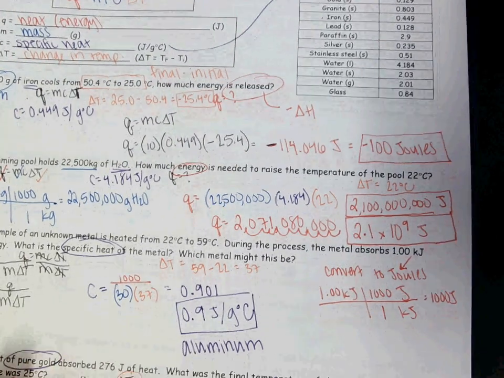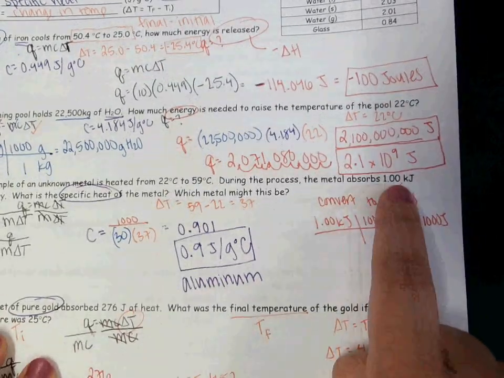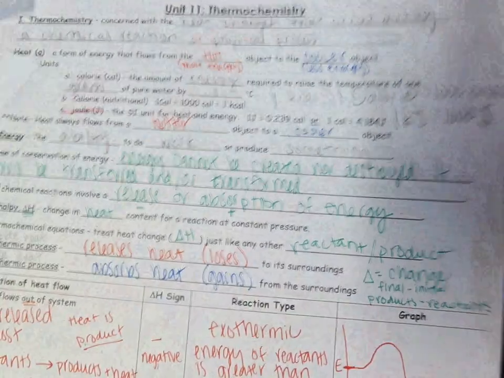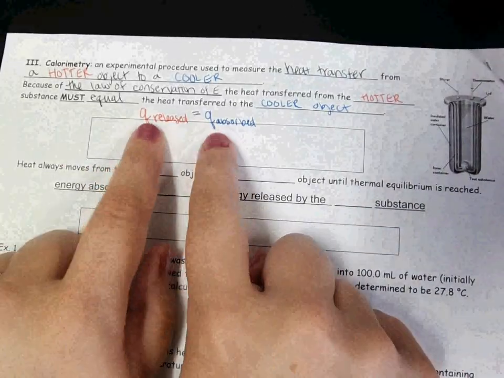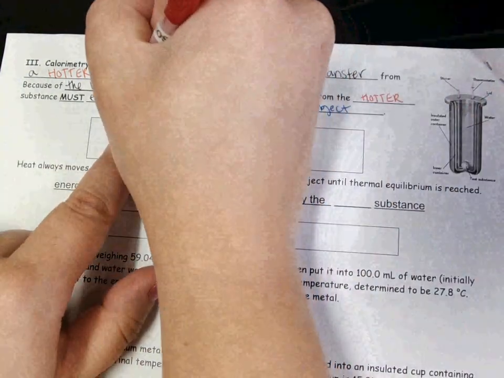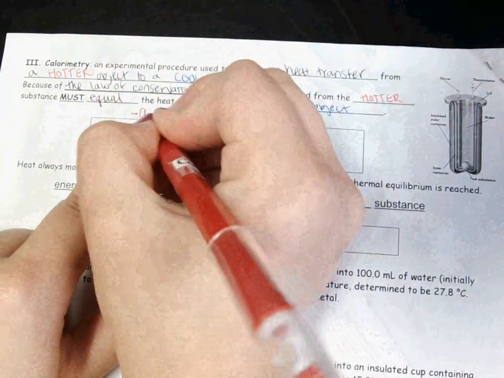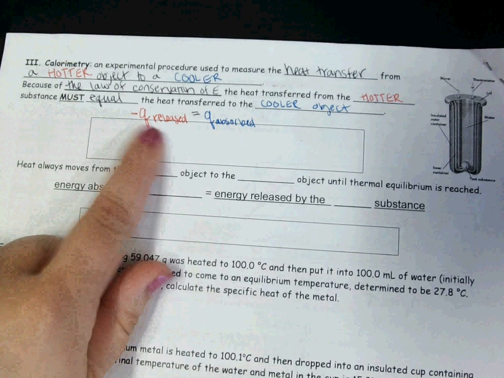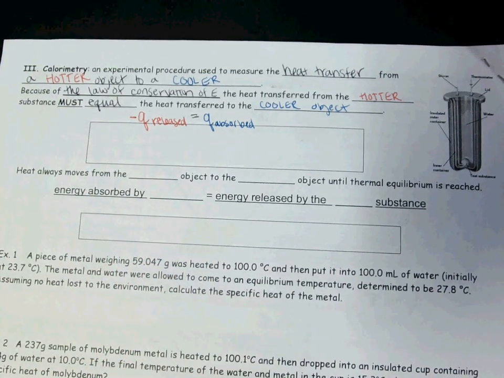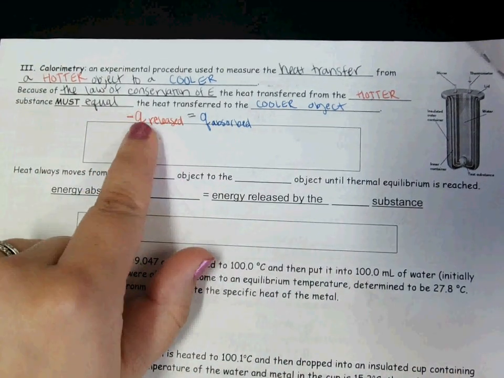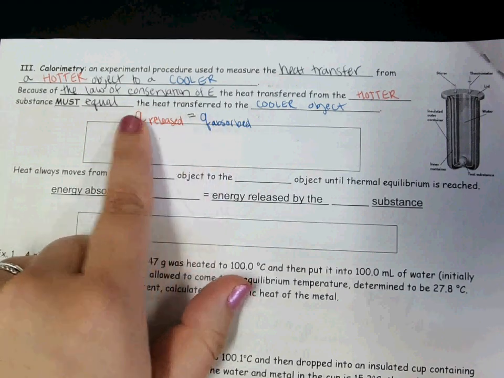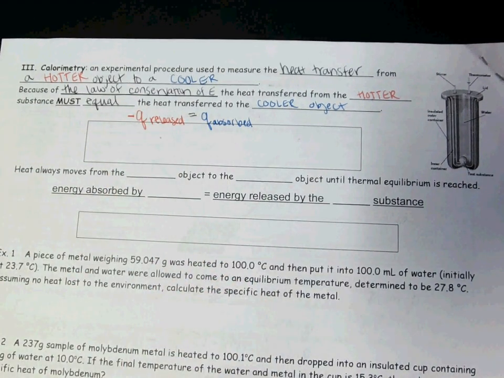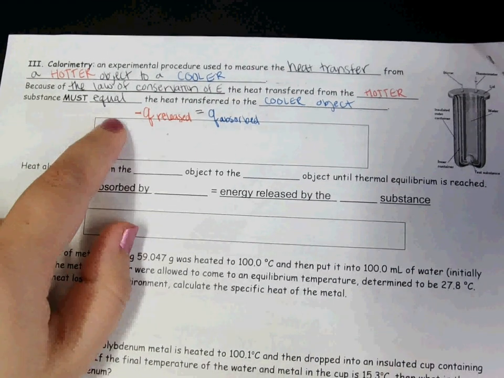Or same thing with this one, it absorbs it, it gave me a positive value. So being consistent with our signs, this tells us that the negative Q value of the released, or the substance that releases its heat, is going to equal the positive absorbed. This makes it make sense later on when we actually get to calculations, so don't overthink the positive negative at this point.